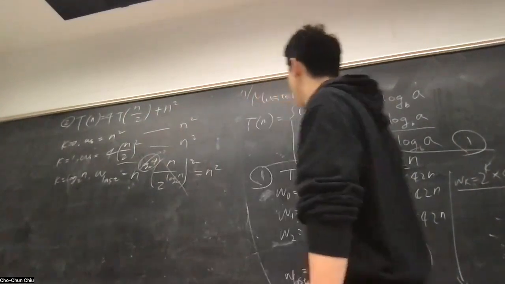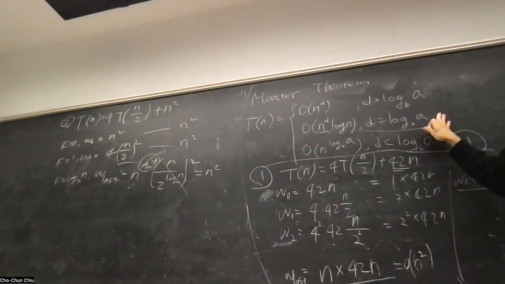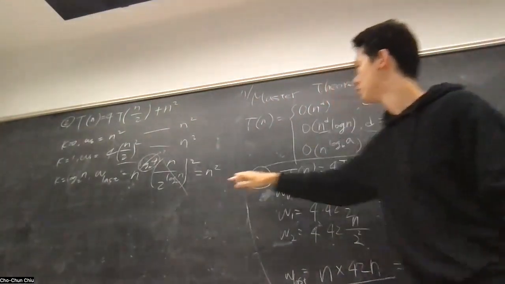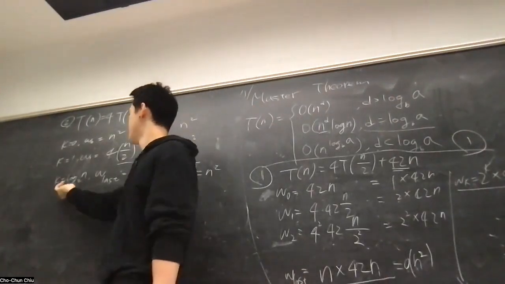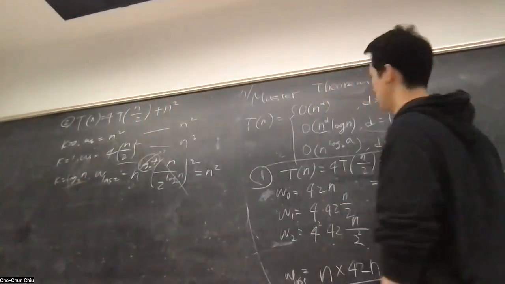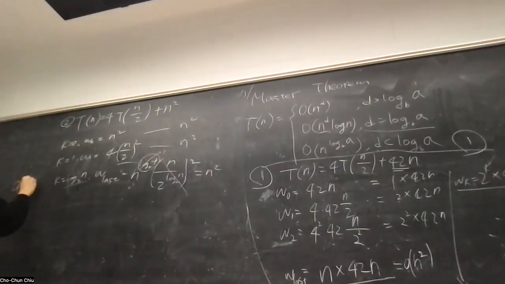What's the time complexity for solving all problems? That's going to be this case, right? Each layer you have n to the power of 2. And then how many layers do you have? You have this many. So eventually the time complexity is going to be n squared.